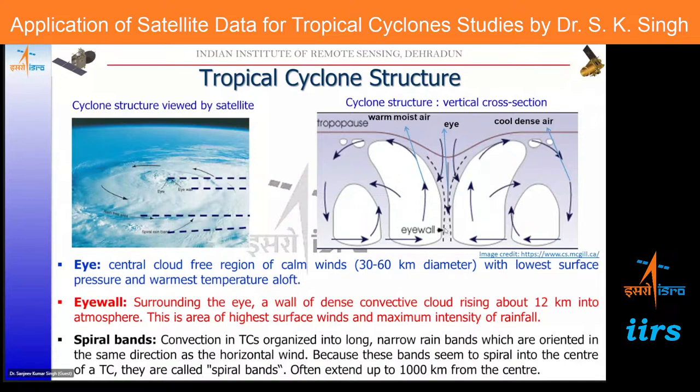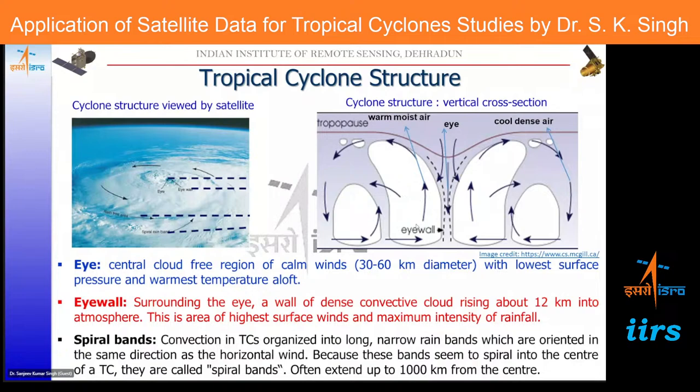There is no wind, no cloud. It can extend up to 30 to 60 kilometers in diameter. The eye is the region where the lowest surface pressure exists, and temperature increases with height. If you take the difference from the center to outside, the temperature will start increasing from lower to upper level.